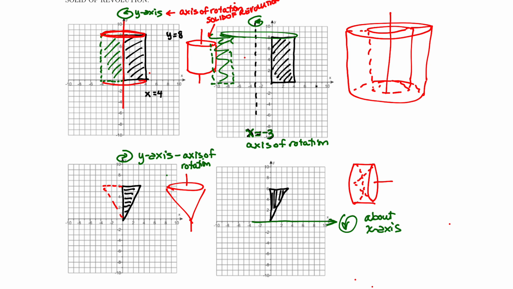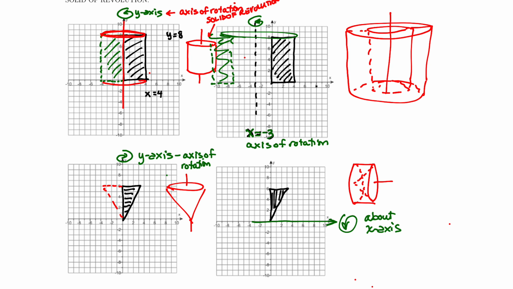Does everybody see? So depending on what axis you go around, you get a different shape. Okay, so our job now is to take these solids and find their volumes. One way of doing it, and in this chapter we do it the easy way, I think, is we take these shapes and we cut them perpendicular to the axis of rotation.